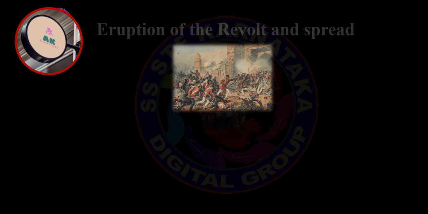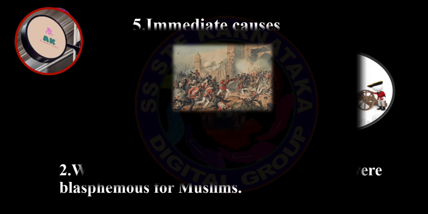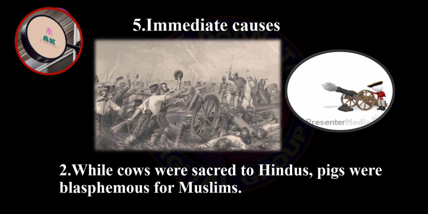These are all the reasons for the first War of Indian Independence. So in the Sepoy Mutiny we have learned about the political, economic, military, administrative and immediate causes, and in your lesson we discussed the spread of mutiny, the guns and everything.